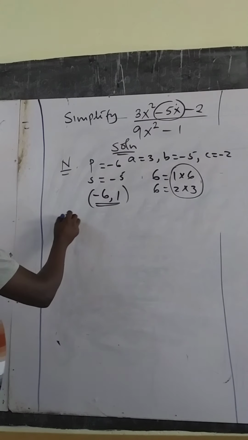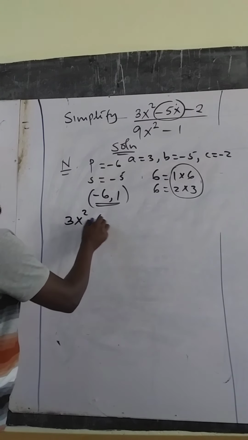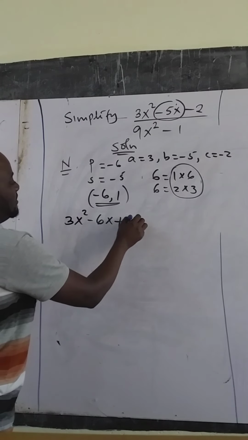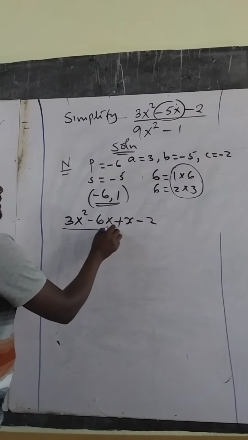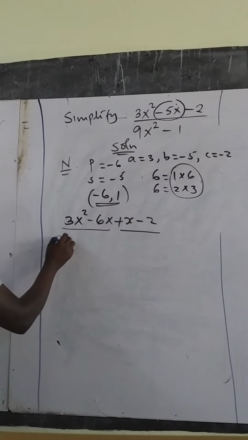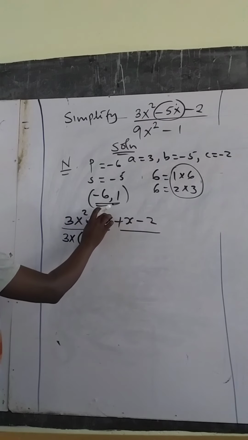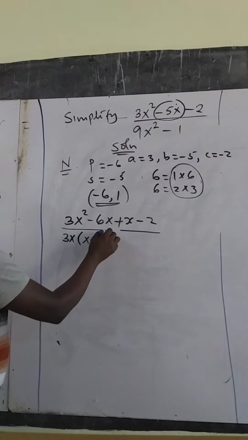This will give us 3x squared minus 6x plus 1x, that is x, minus 2. Get a pair. Factor out what is common here, 3x, and we are left with x minus 2.